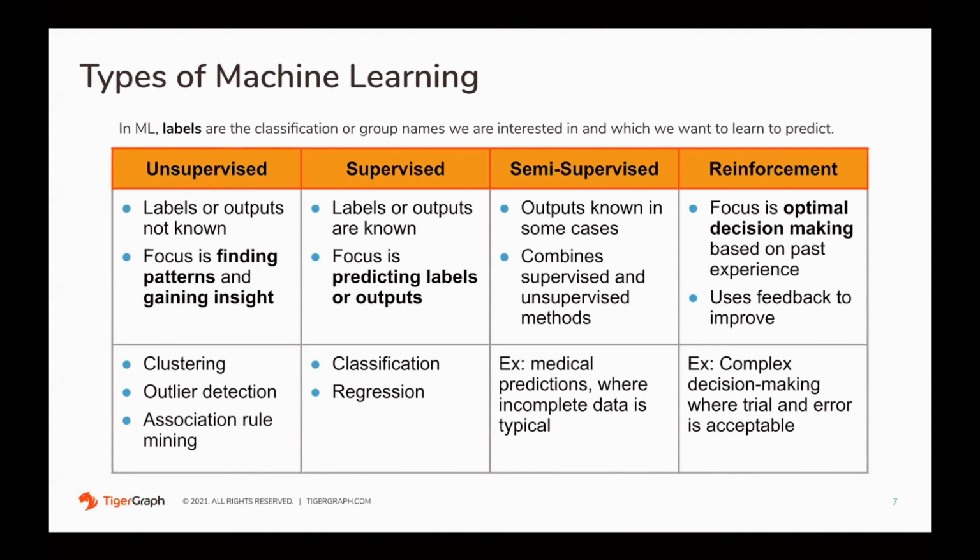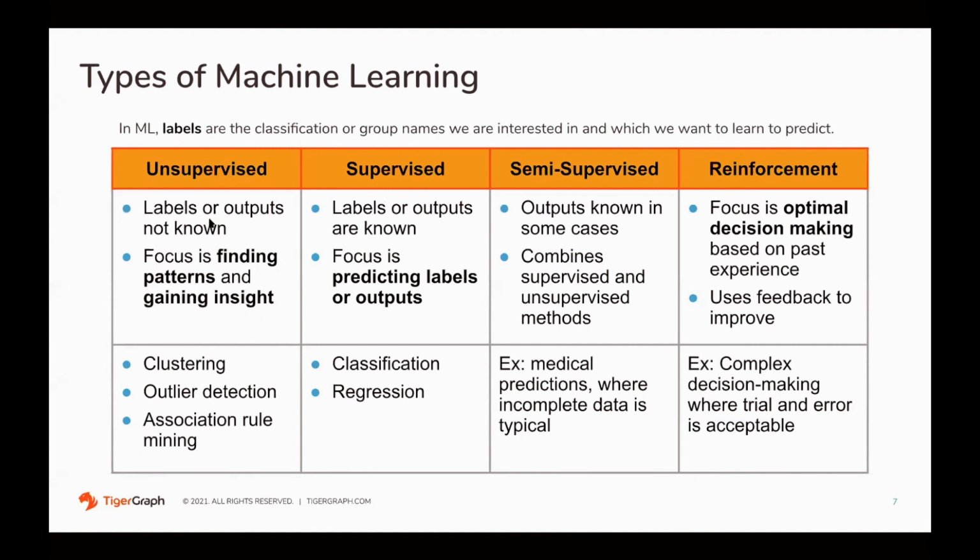And what a label is, it's a classification or group name. So it's the name of a category or a group that you can put on some data items. Like, for example, you can label foods as kosher or not. Again, you can label transactions as fraudulent or not. That's a label.